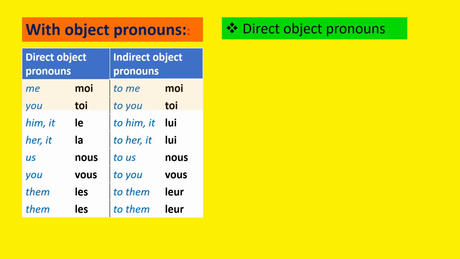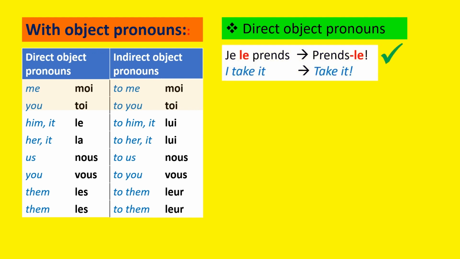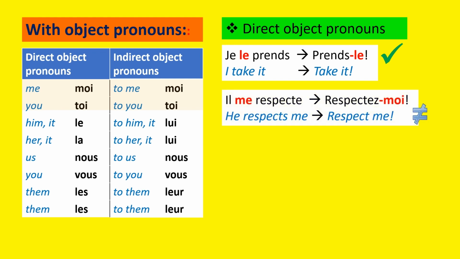So for direct object pronouns, if I take a couple of examples to show you the difference, je le prends, I take it, the pronoun it. If I put it in the imperative, it stays the same, prends-le. Now, if I say il me respecte, he respects me, the pronoun me in the imperative will become moi, respectez-moi.